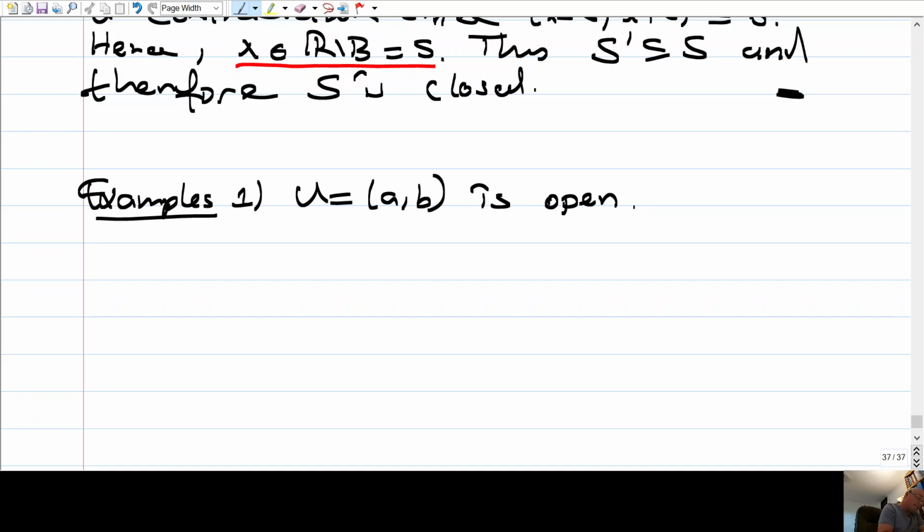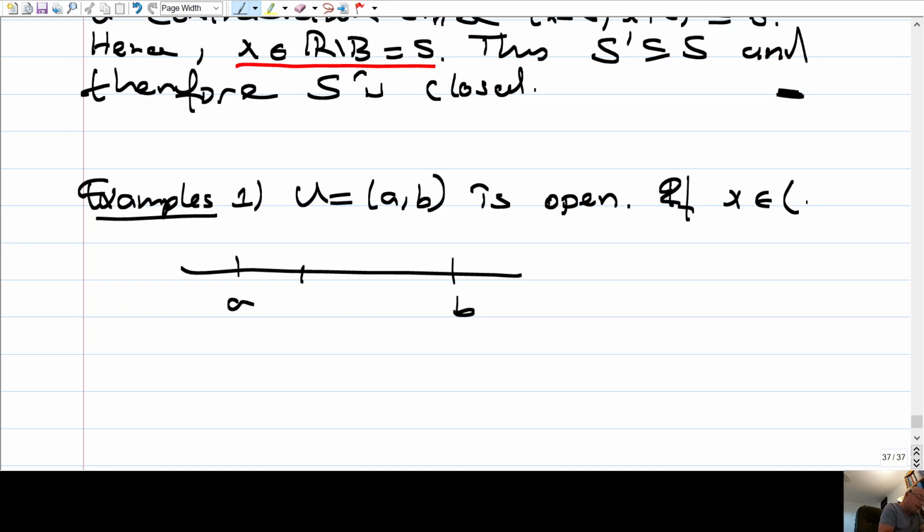Why is that? Because you see, if X is in AB, then of course X is necessarily larger than A and less than B. So there is a positive distance from X to A and X to B. I can measure the two distances, take the minimum.